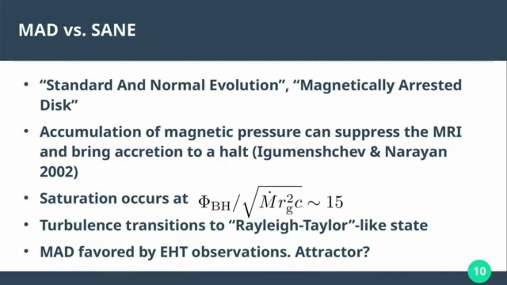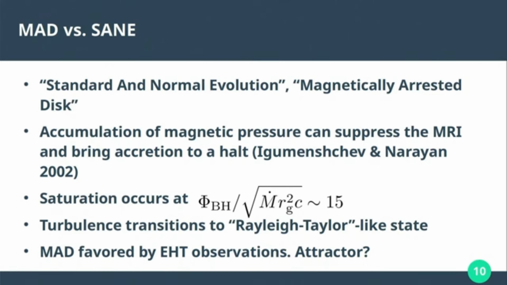On the other hand, the magnetically arrested disk regime has a very opposite behavior. In the magnetically arrested disk regime, there are a lot of magnetic field eruptions, and this happens because MADs are a lot more magnetized. Magnetic field accumulates near the black hole until it reaches a critical value.